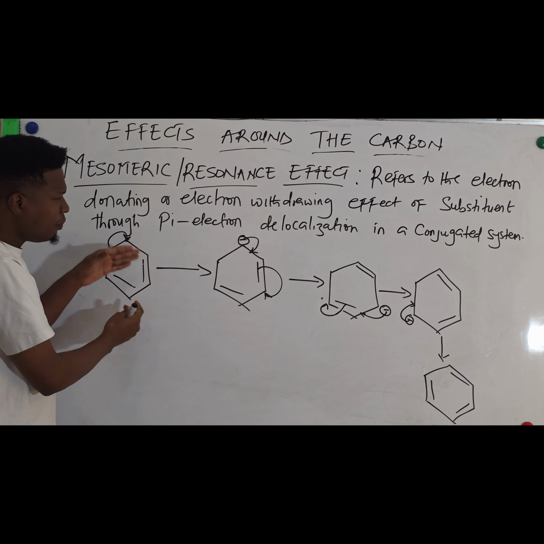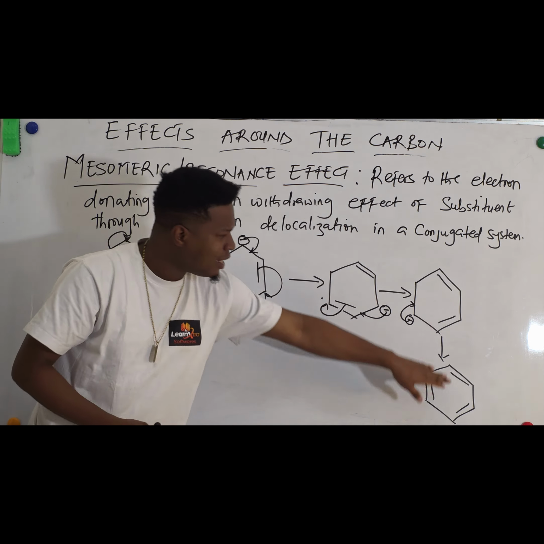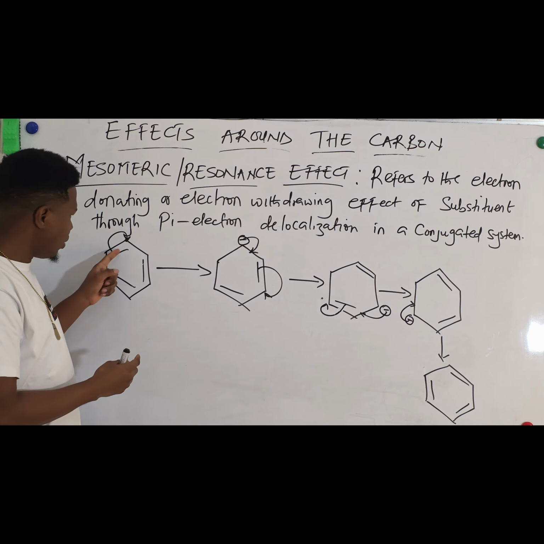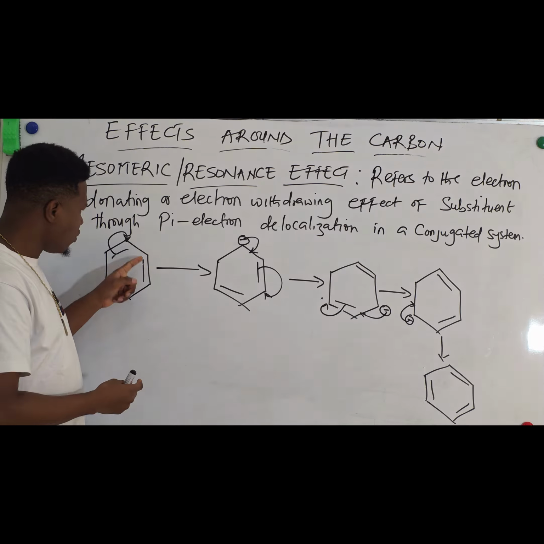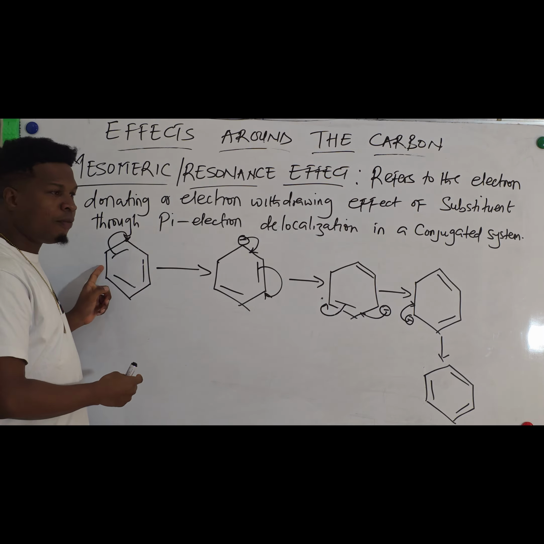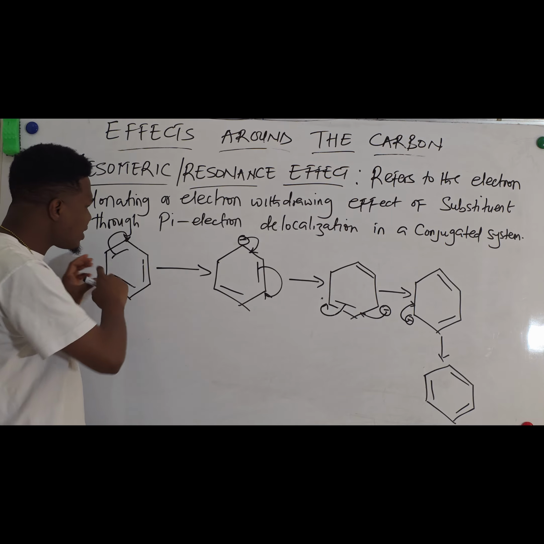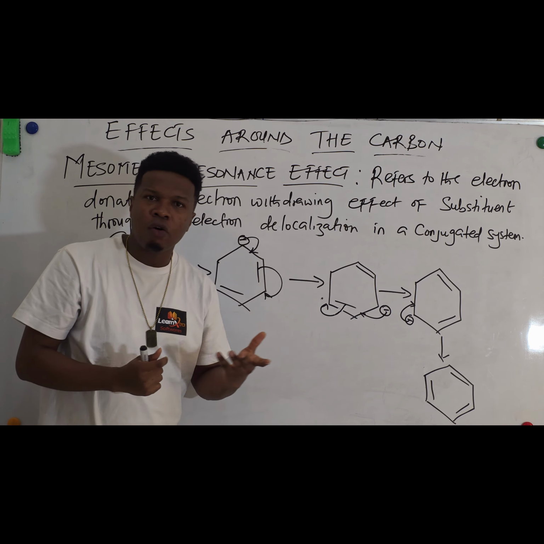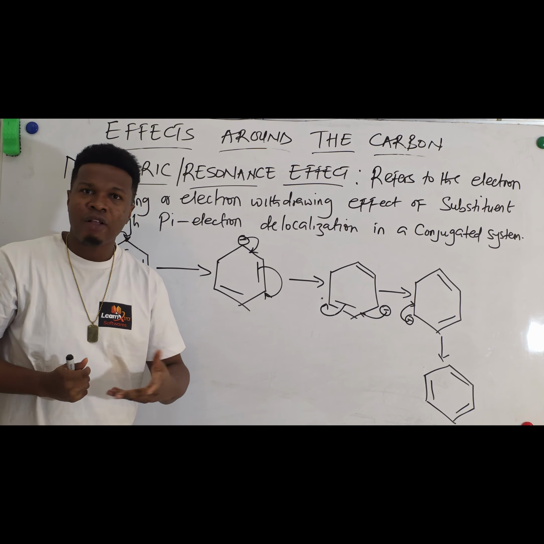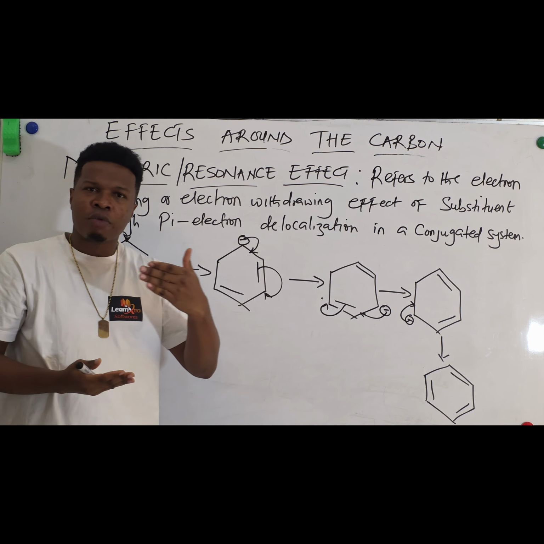That is the movement. So these pi electrons keep moving inside this place. If you notice, look at how it was here, but right now look at how it is here. It is moving from here to here, from here to here. So this movement is what stabilizes this structure. And that is why benzene does not undergo substitution reaction, but rather it undergoes what? Electrophilic substitution reaction.